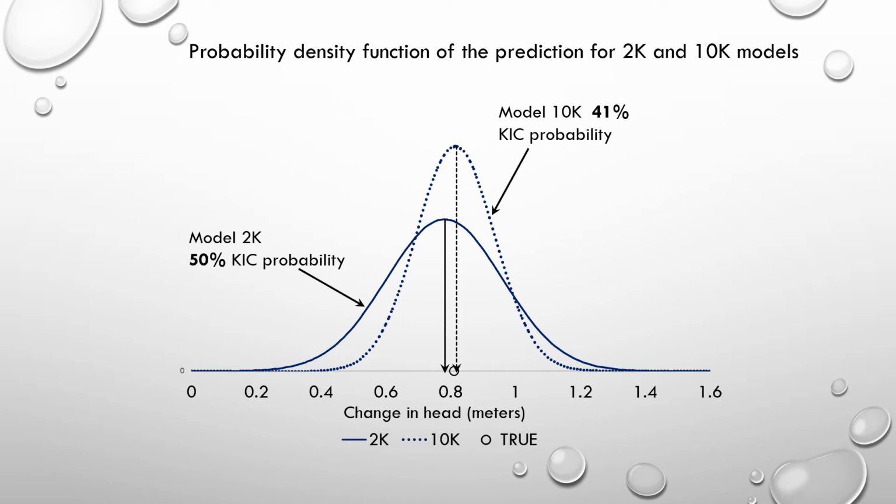You can see that the 2K model has a broader range of uncertainty because the curve is broader and has a lower peak than the 10K model. The 10K model probability density function is narrower with a higher peak, and the estimate of the prediction, as you can see by the arrow, is close to the true prediction.